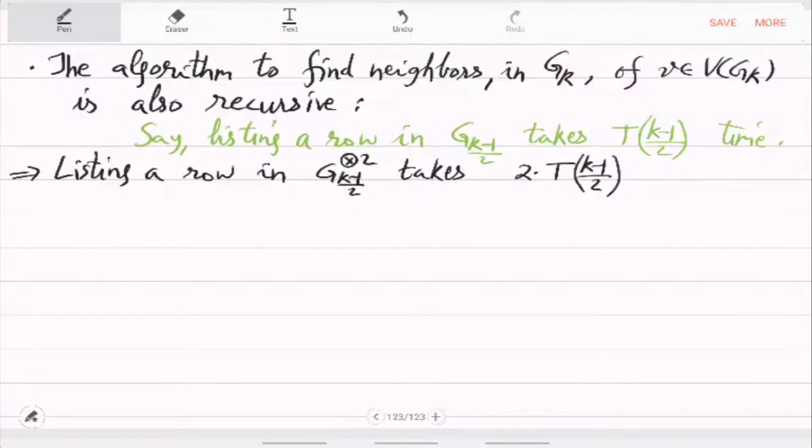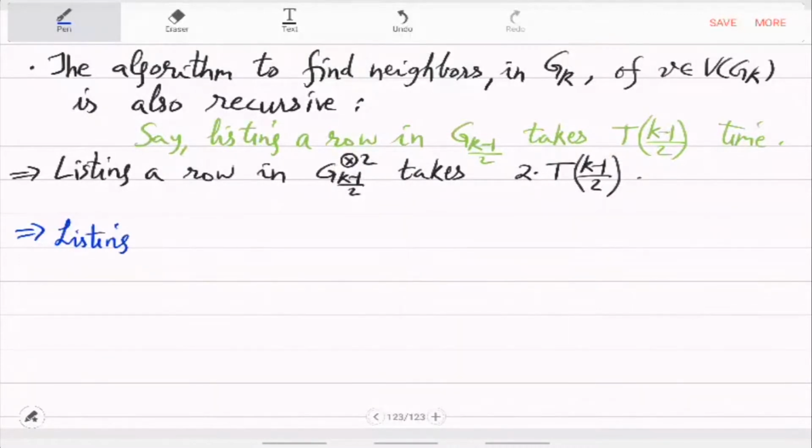A row will be defined by a pair of indices, one for the first factor and second for the second factor, and so you basically find the row in the first component, the row in the second component, and then combine to get the full row. So you just have to call this subroutine 2 times. So it's 2 times t_{k-1}.